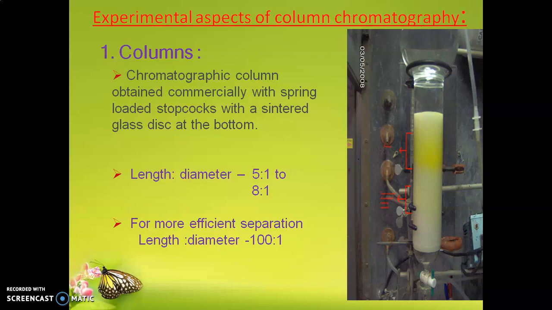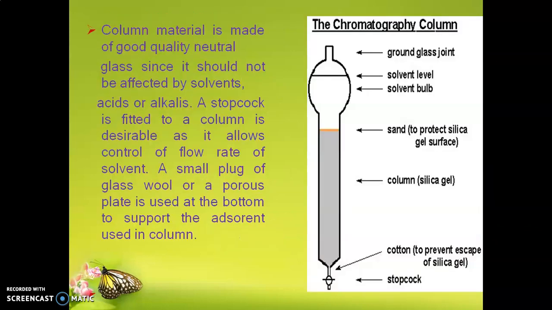The length of the column is most preferably in the ratio of 5:1 or 8:1. For more efficient separation, we require more length of column as compared to diameter. Generally 100:1 is preferred.